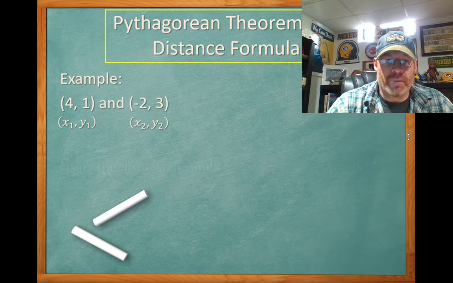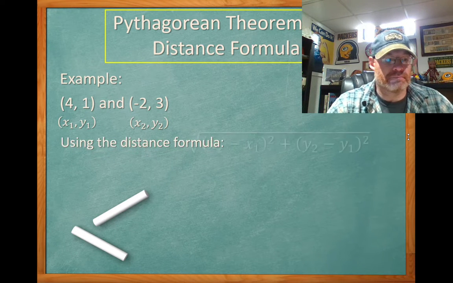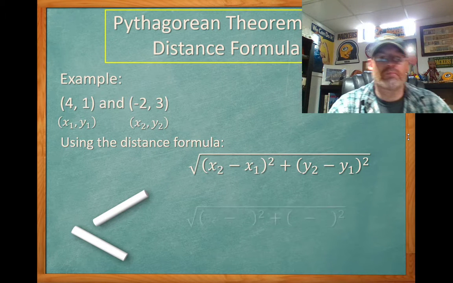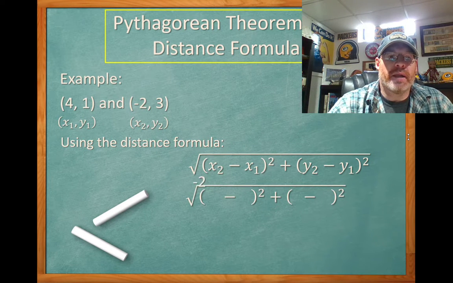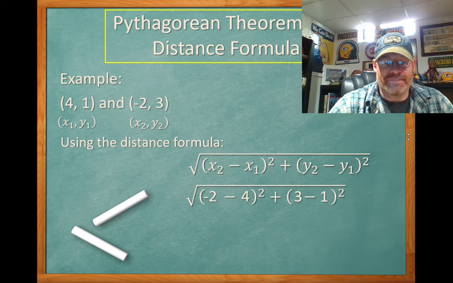So the distance formula will be the negative 2 minus 4 for your x's, and 3 minus 1 for your y's.